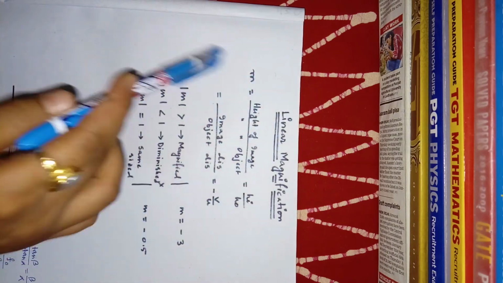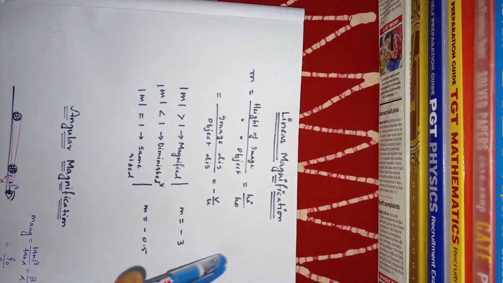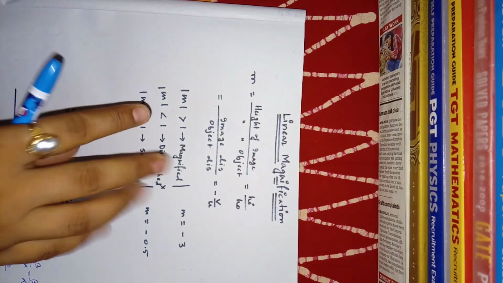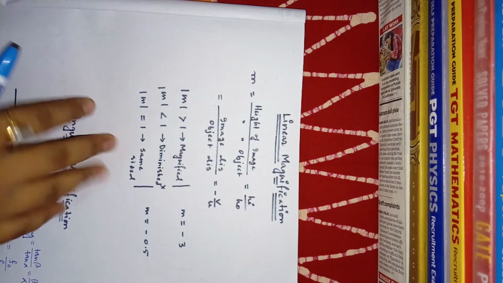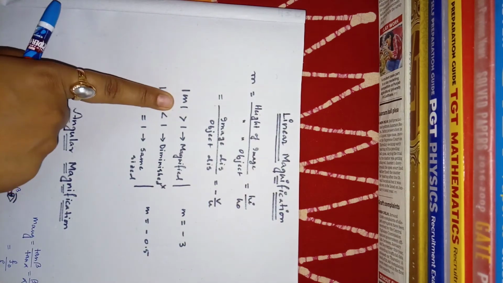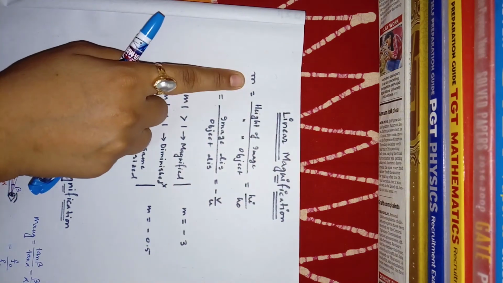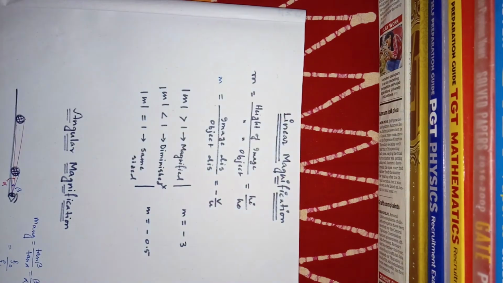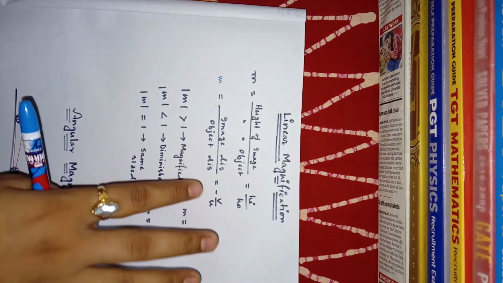I think you have done this in your class 10th examination. We will discuss the different cases in which the value or the sign tells us the type of image formed. Suppose the value m for linear magnification could be positive or negative.